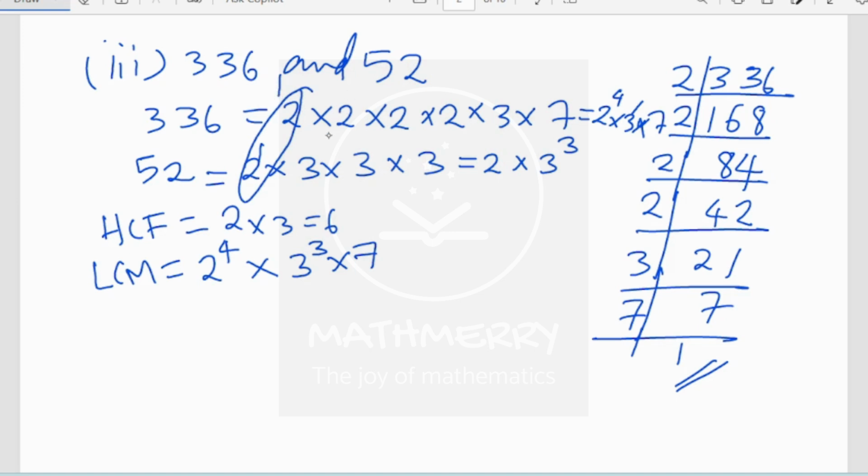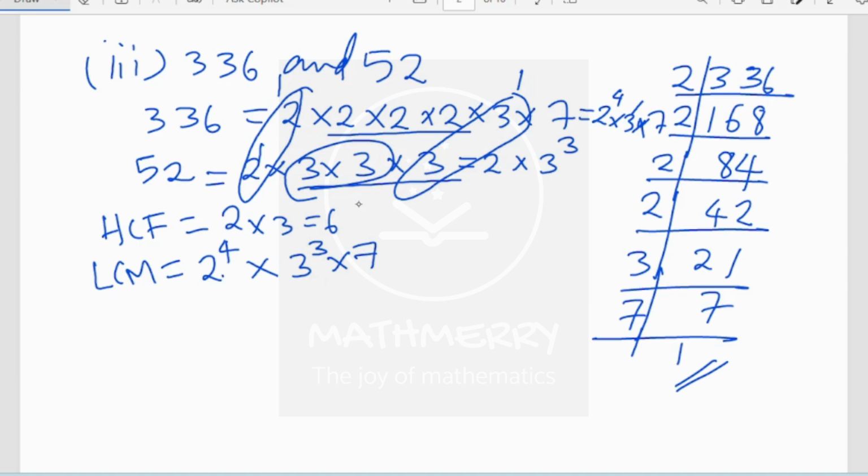Now here we have 2 raised to 4, and the whole multiplied by 3, 7 and 13.